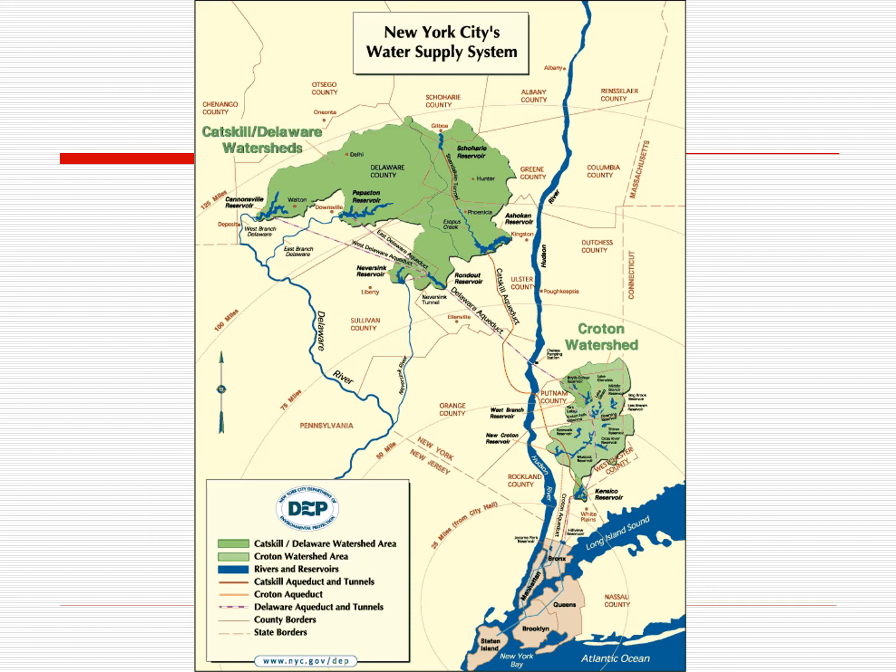And if you notice, the Croton watershed, which is the furthest south, is in Westchester County, which is where we are. That water is piped into New York City, and some of the municipalities along the way actually tap into the aqueduct and buy their water from that water supply.